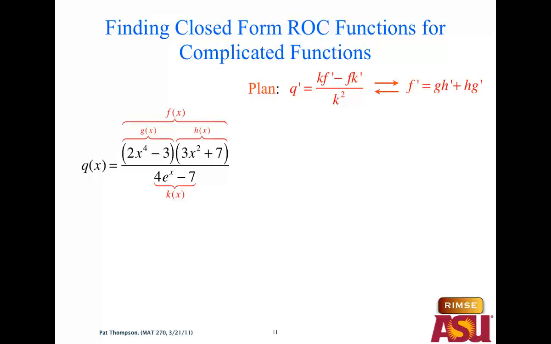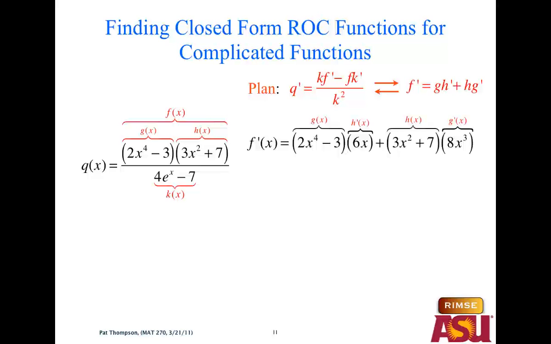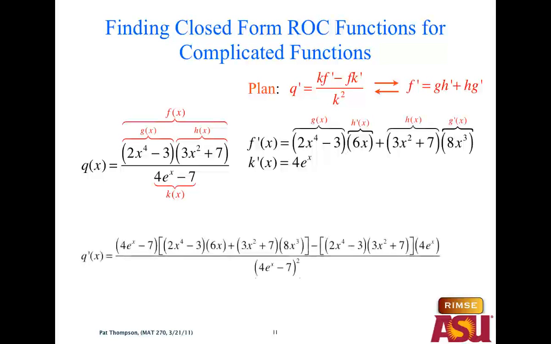We're going to find that product rule and put it back in where? Here. So find that product rule for f, and then insert it back into the structure for the quotient rule. So there's our product rule for f. There's our rate of change of the denominator, k. And so then there it is.